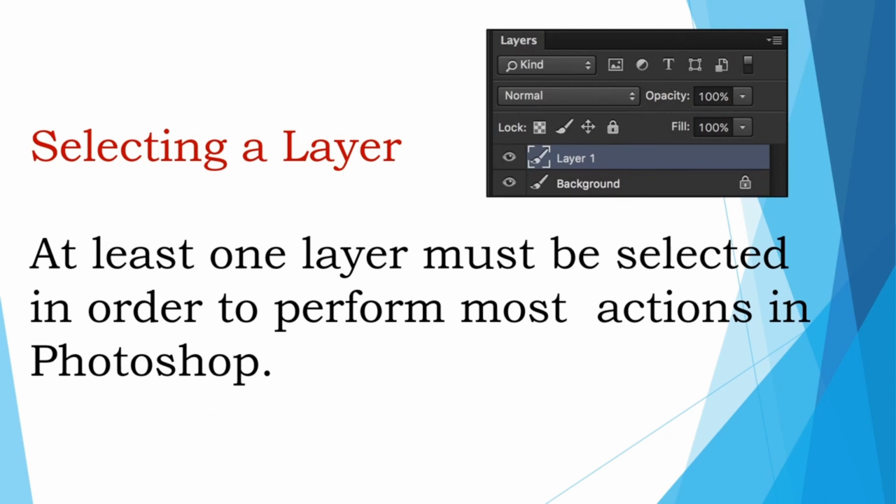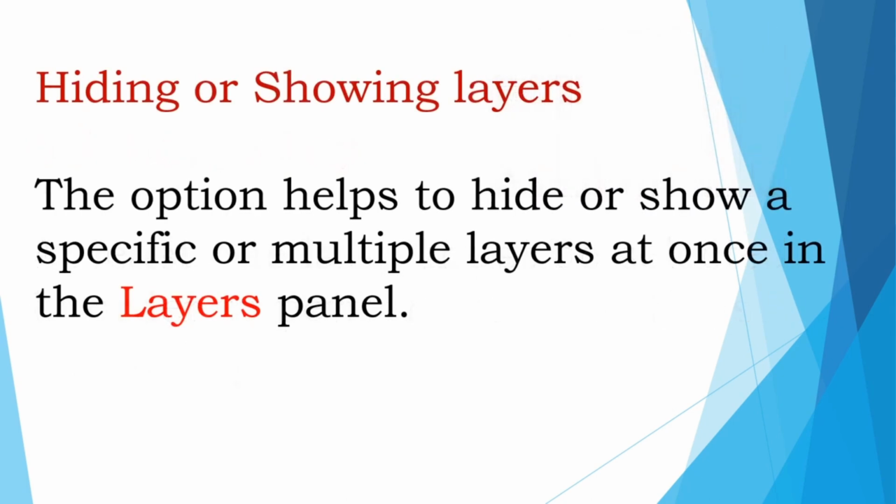At least one layer must be selected in order to perform most actions in Photoshop. Hiding and showing layers. The option helps to hide or show a specific or multiple layers at once in the Layers panel.